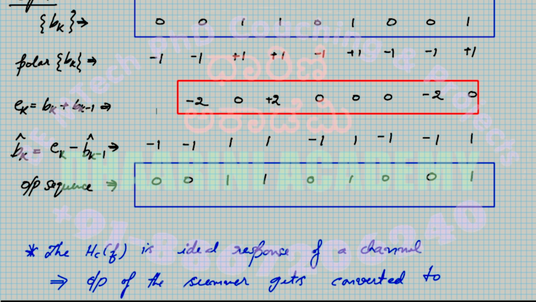So 0 minus minus 1 is plus 1, 2 minus 1 is 1, 0 minus 1 is minus 1, and so on. You can fill the fourth row like that. This is something where on the receiver side we always get an approximated value of what has been sent.